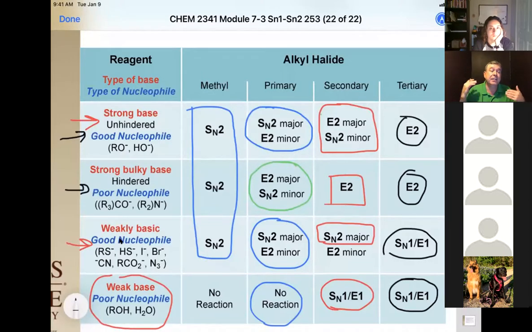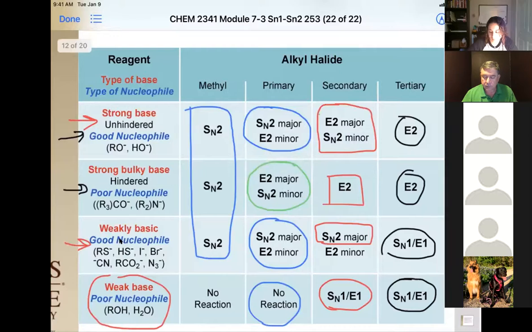Strong bases can act as a nucleophile or a base. And once you get to your secondary, you have twice as many beta hydrogens, and therefore your elimination becomes the major product. And in tertiary, your elimination is the only product. Okay, so is this starting to make a little bit of sense now?